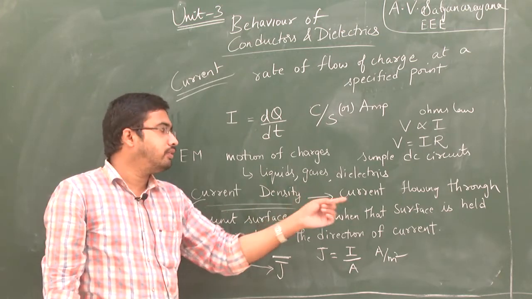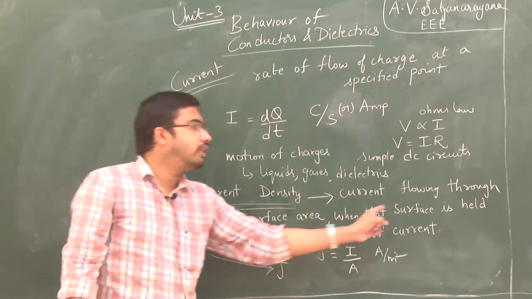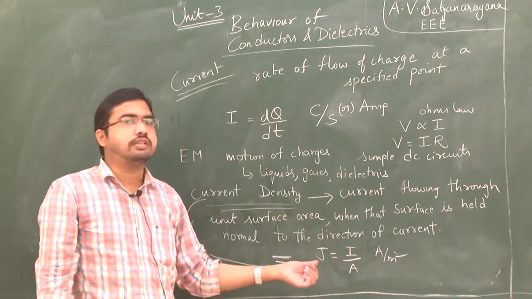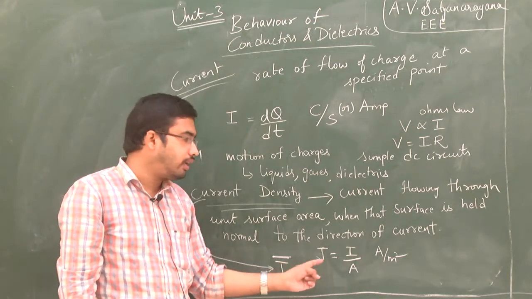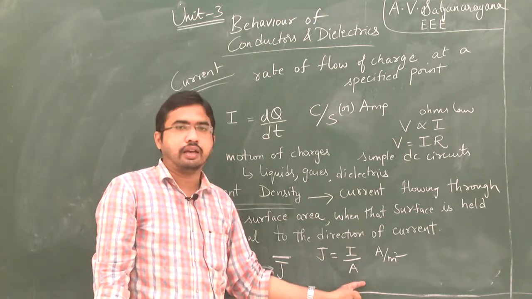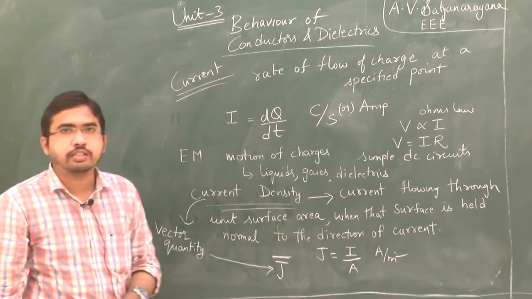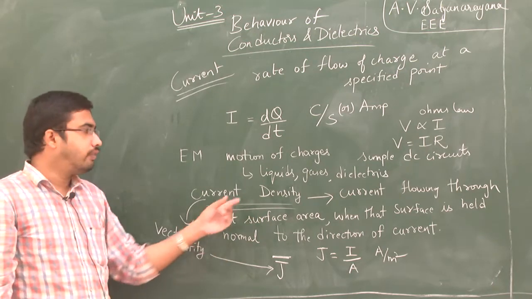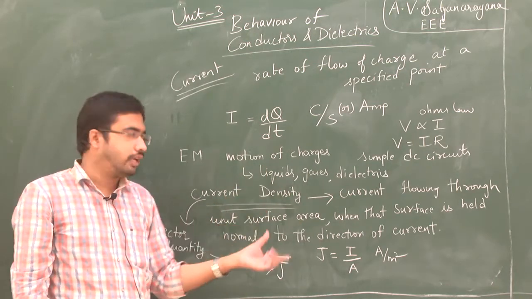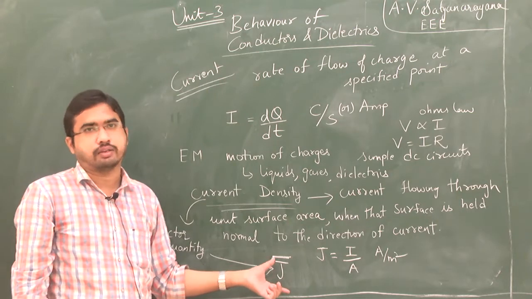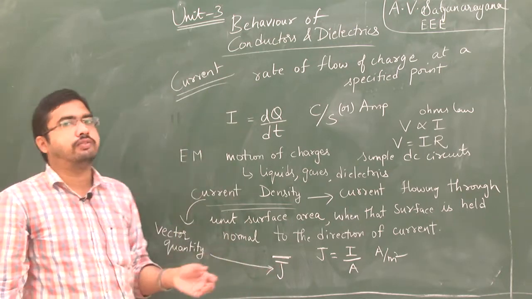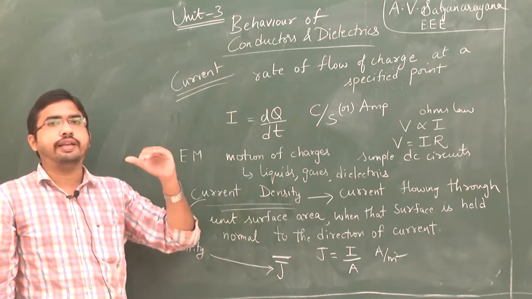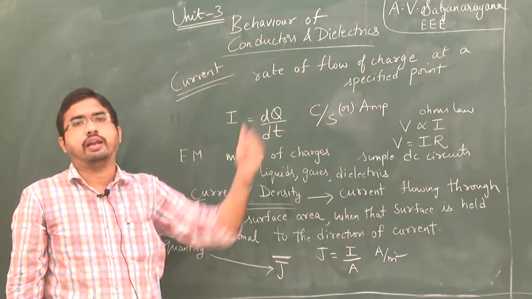The current density magnitude is denoted as J, which is equal to current per unit area, expressed in amperes per meter square. And as current density is a vector quantity, if you want to express it in vector terms, then you should denote it as J bar. Okay, so this is the basic information about current density. These terms are useful in designing conductors and dielectrics.